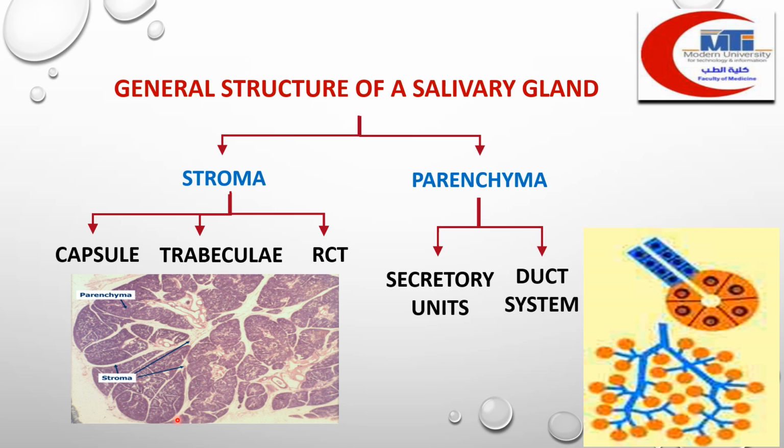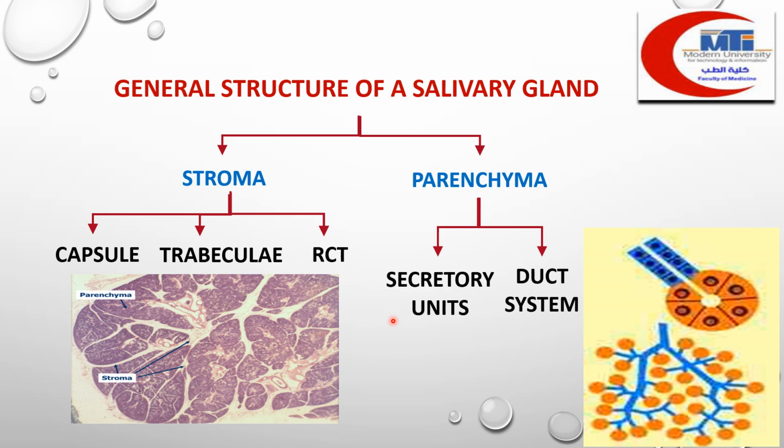Now let's know the general structure of salivary gland. As any parenchymatous organ, salivary gland is formed of stroma and parenchyma. Stroma consists of a capsule, which is the outer covering of the gland that sends trabeculae or septa, which divide the gland into lobules, and reticular connective tissue.